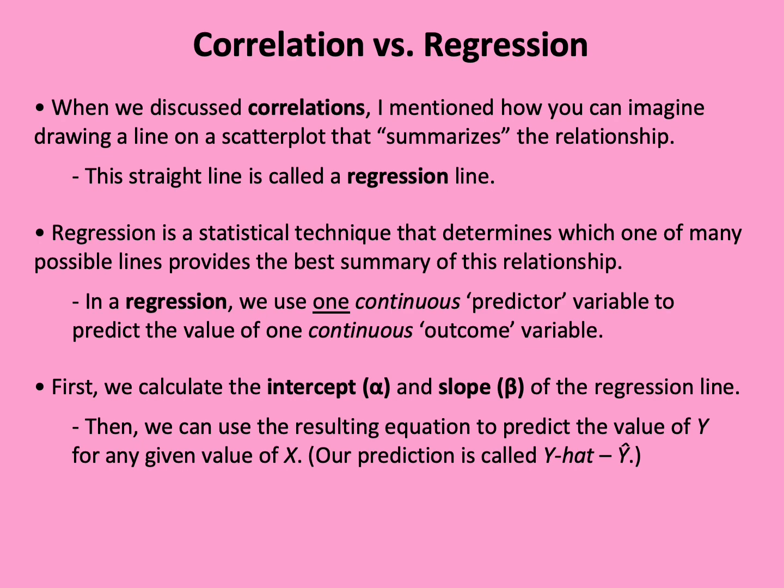Essentially, what we are doing with a regression analysis is trying to plot the best fitting line. Regression is a technique that determines which of many possible lines provides the best summary of the relationship between variable x and variable y, right?